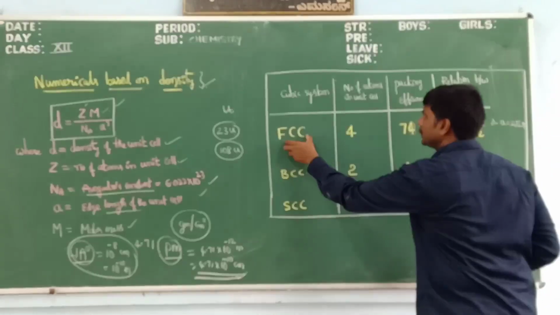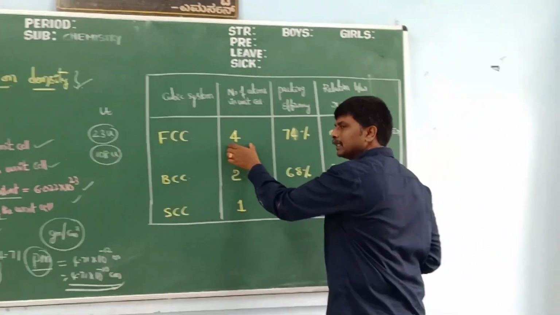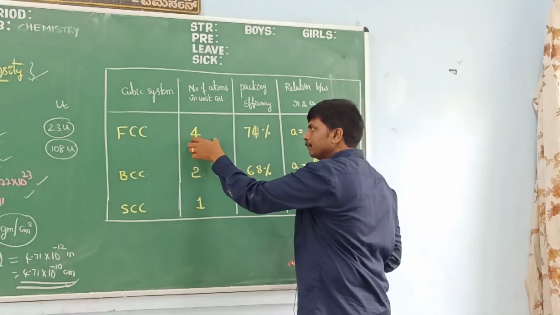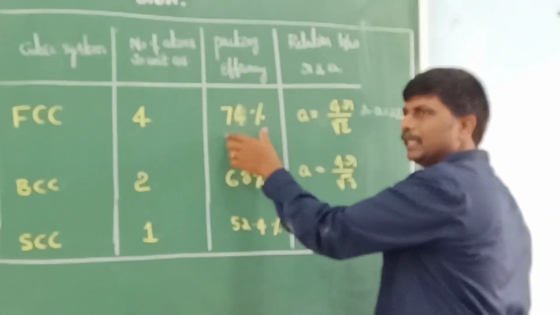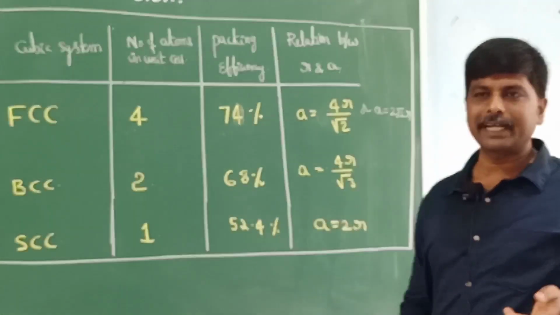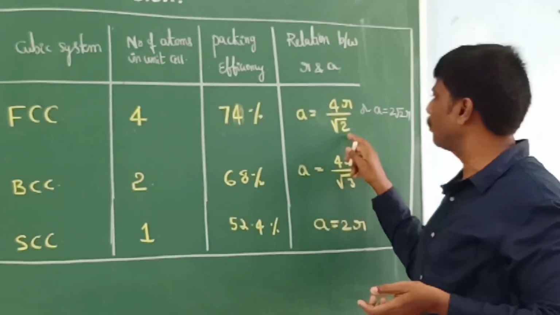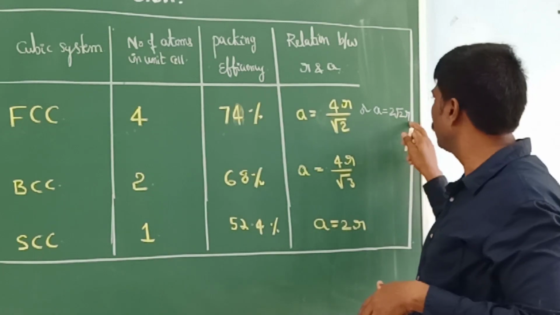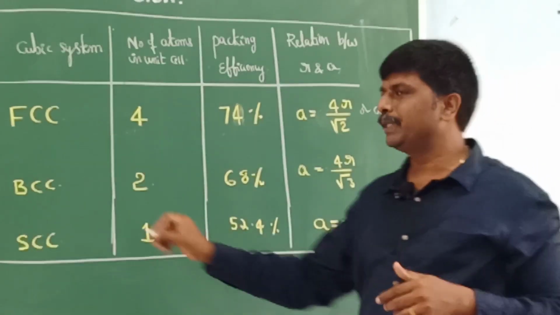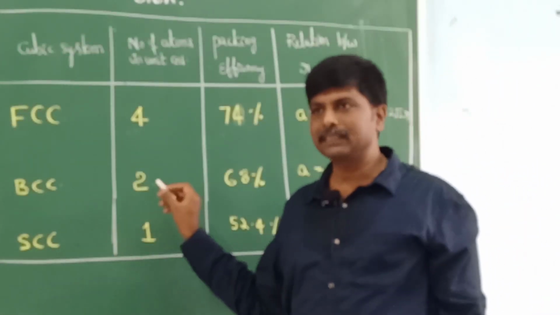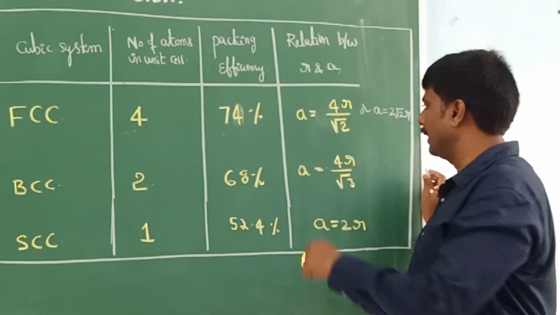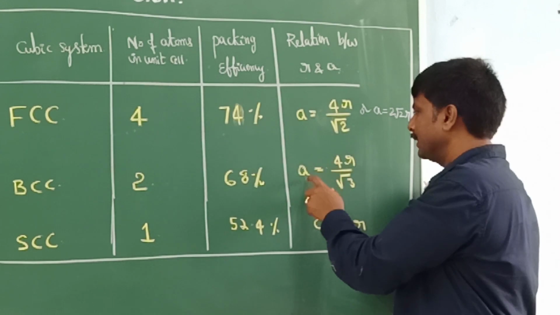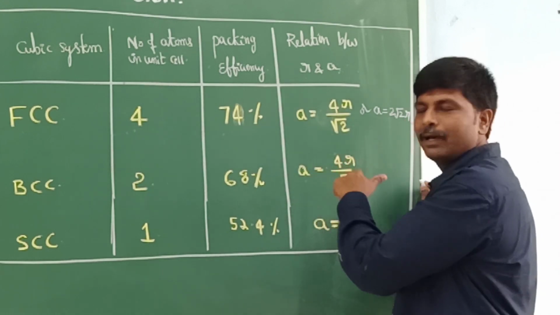For FCC, number of atoms are 4, packing efficiency is 74%, and the relation between edge length and radius is a is equal to 4r by root 2 or 2 root 2 r. Next one is BCC, total number of particles are 2, packing efficiency is 68%, and the a and r relation is a is equal to 4r by root 3.